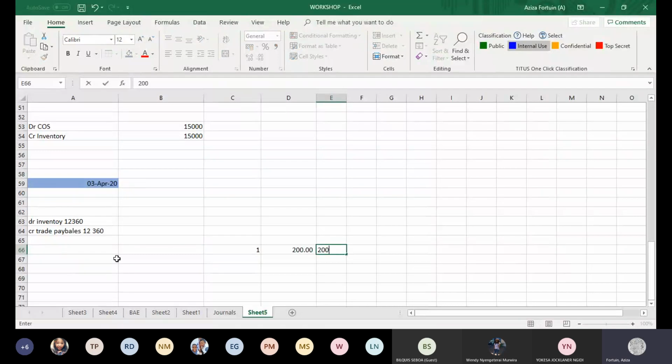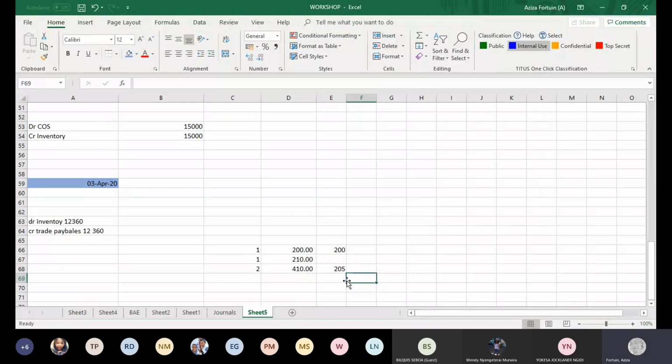On day 2 we purchased for 210. So 210 and 200 is 410. And I have two dolls. 410 divided by 2, so the weighted average of my 2 dolls is 205 rand.